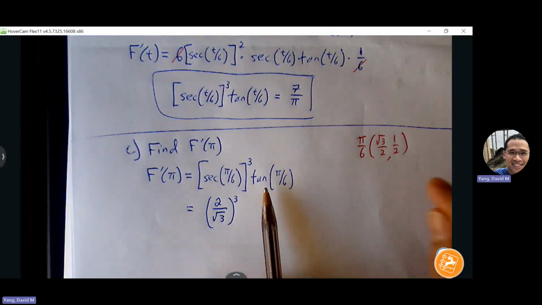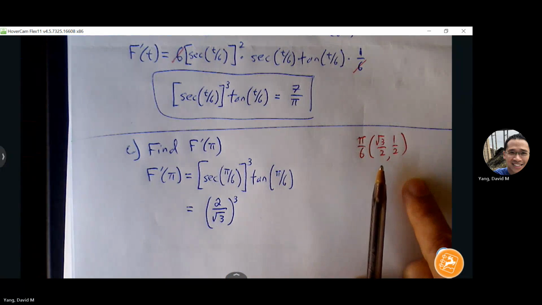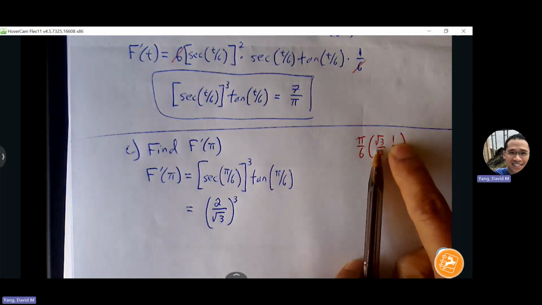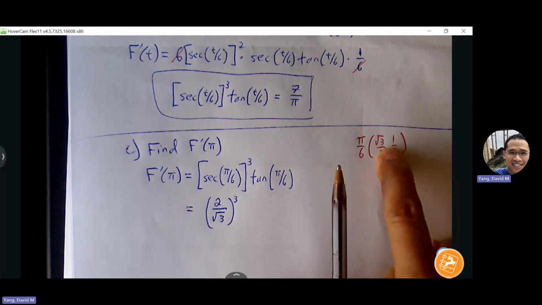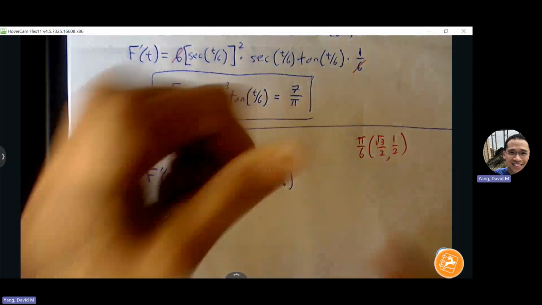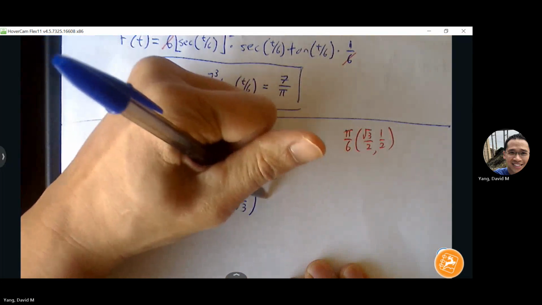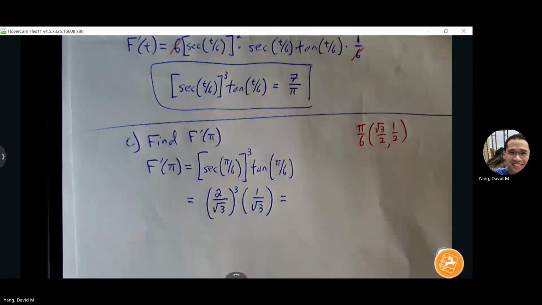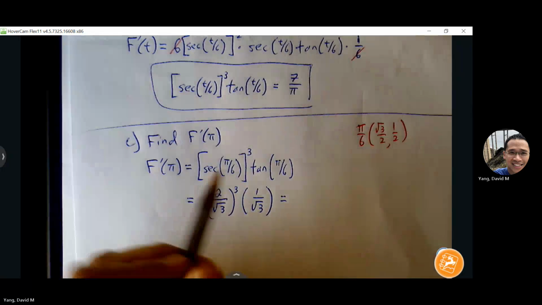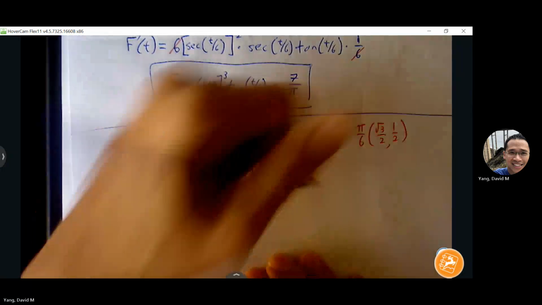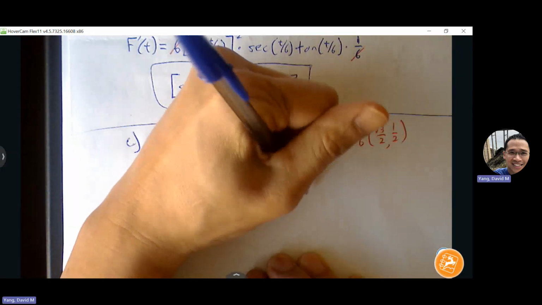What's tangent of pi over 6? Yeah, 1 over root 3. You know, the 2's just go away. I can just ignore the 2's there. 1 over root 3. Two cubed is 8.